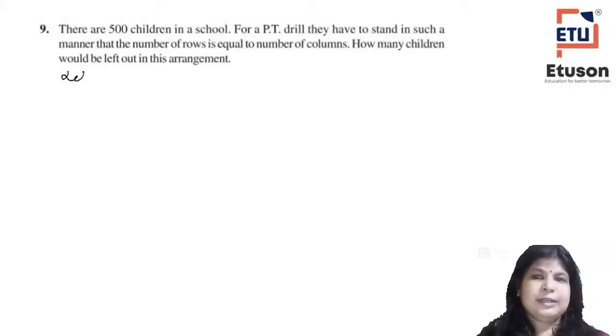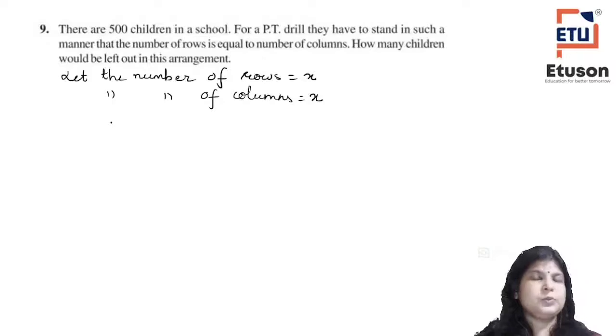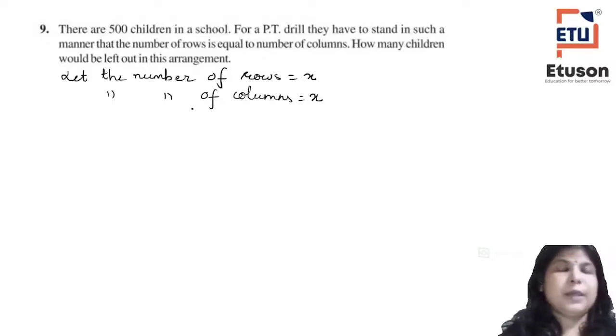So let the number of rows be equal to x, then the number of columns is equal to x. So let us check if x square is equal to 500. So you have to form the square now.